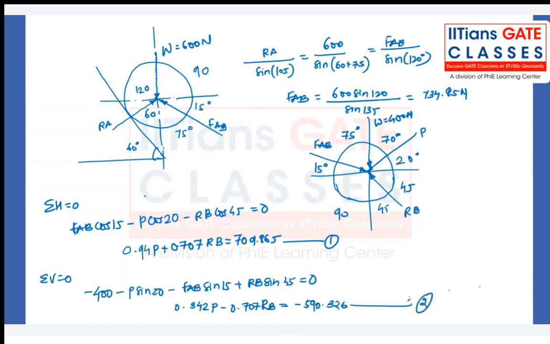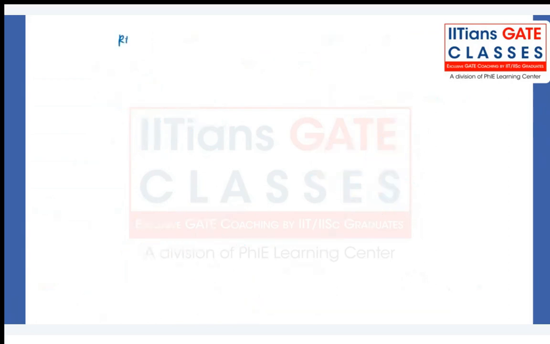Solve these two simultaneous equations, or you can just add them. If you add them, RB will get cancelled. P: 0.94 plus 0.342, that is 1.282. Okay, 1.282 in the denominator, so P will be equal to 709.865 minus 590.326 divided by 1.282.